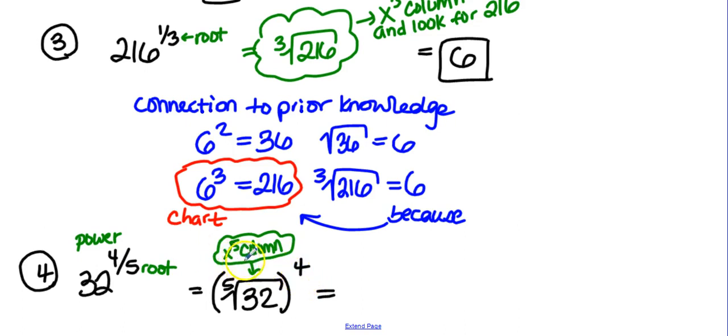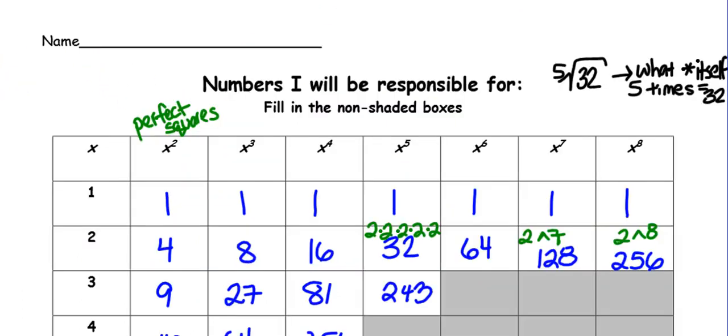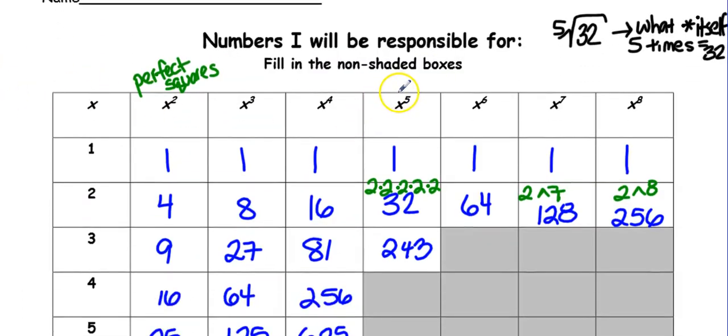Again, you don't have to write that down, but I'm just putting it there in case it's helpful. So I go to my x to the fifth column, and I'm looking for 32, and there it is. So the fifth root of 32 is 2.